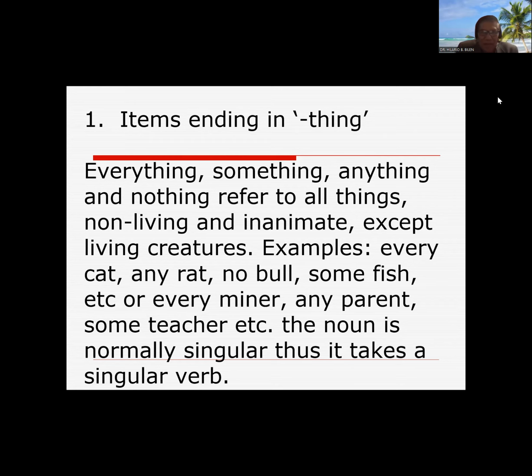For example, every cat, any rat, no ball, some piece, etc., or every minor, any parent, some teacher, and etc. The noun is normally singular, thus it takes a singular verb. That is the word ending in "thing". So add "thing" at the end. Okay?